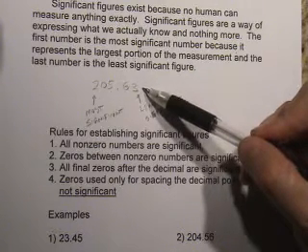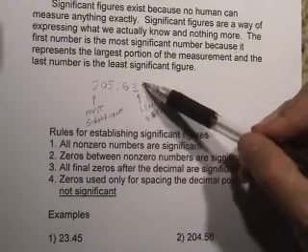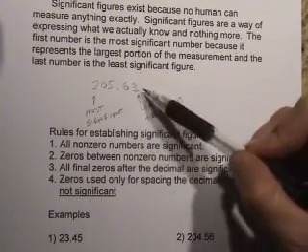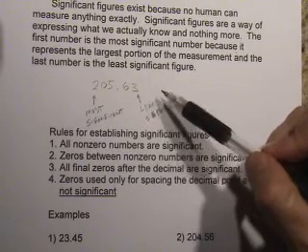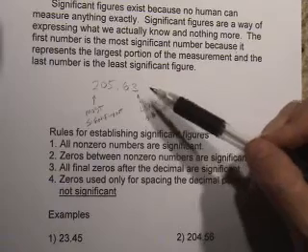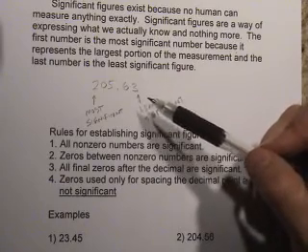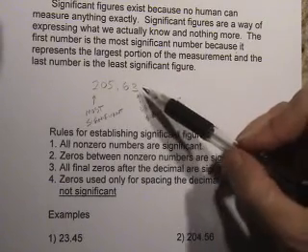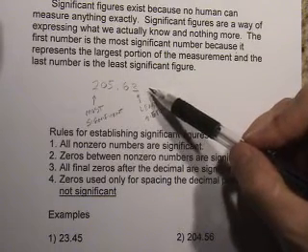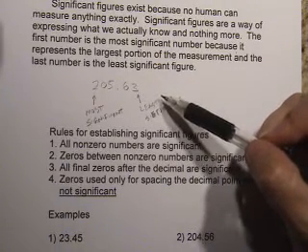If I put a 0 there after the 3, it's because I know that the number is actually 0. I may not know what the next place after the decimal is, but if I put a 0 there, what I'm saying to the reader of the lab report is that I know the value of that number to be 0. The fact that I did not record any numbers after that indicates that I don't know about the numbers after that.